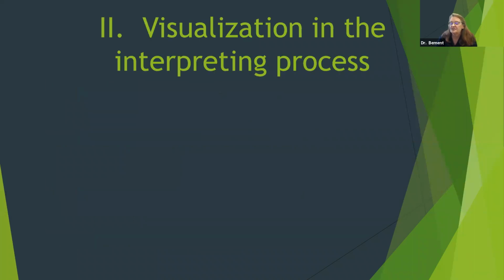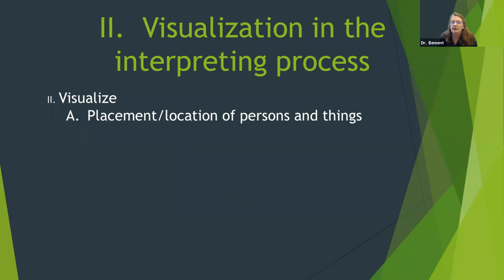How do we visualize in the interpreting process? Well, we have to think about the placement and location of persons and things that are being discussed. And again, that has to do with listening, comprehending, getting that picture, and then setting it up in front of ourselves. Remember your sign space.